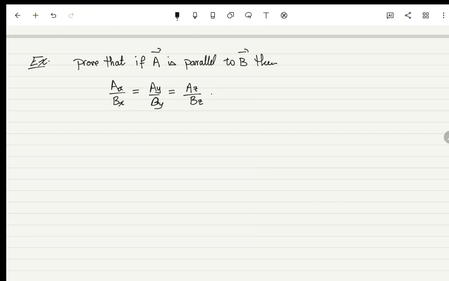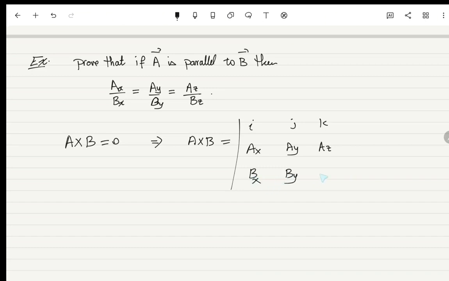Since A is parallel to B, this means A cross B equals 0, and let's find A cross B in determinant: I J K, AX AY AZ, BX BY BZ. Now let's follow the same procedure as in the previous example.